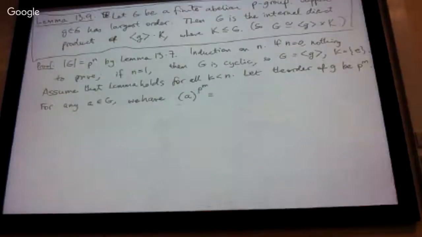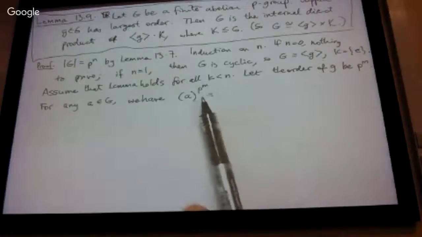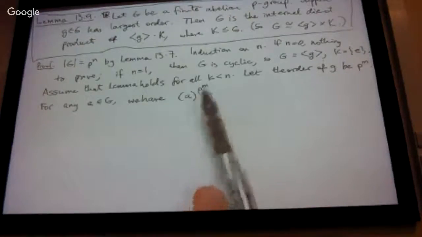Well, if I put g there, what do I get? We get the identity because p^m is exactly the order of g. But any other element has order which is a power of p, but no larger than p^m.